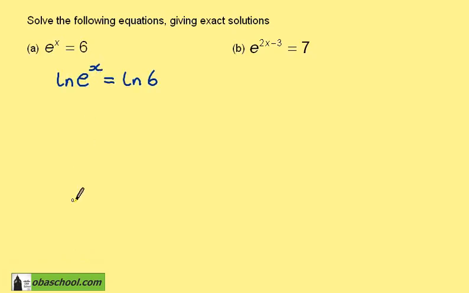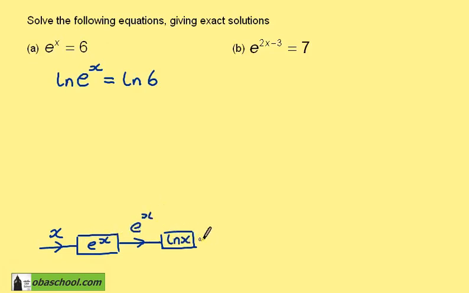Let's look at this in detail. We have a function, e to the x, and our input to that is x. This will then go through the second function. The output from this function would be e to the x, which would then go into ln x.